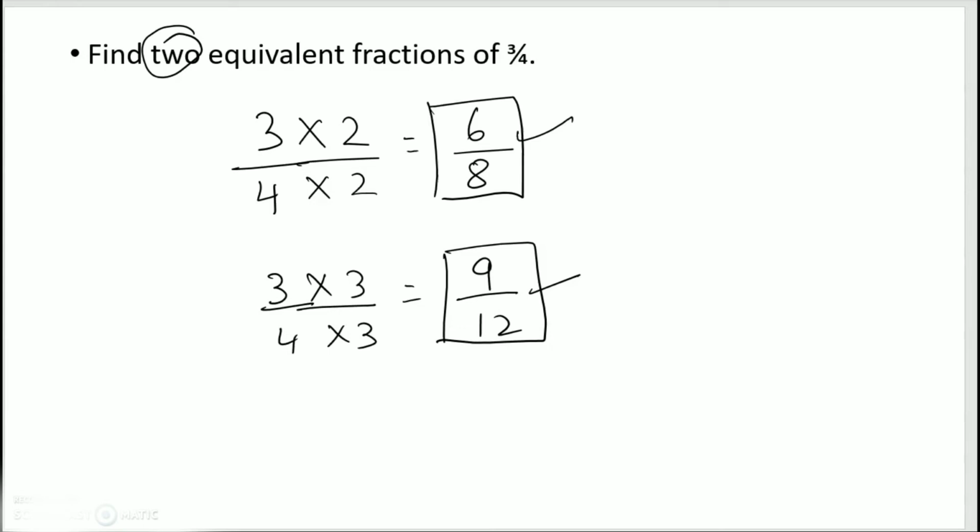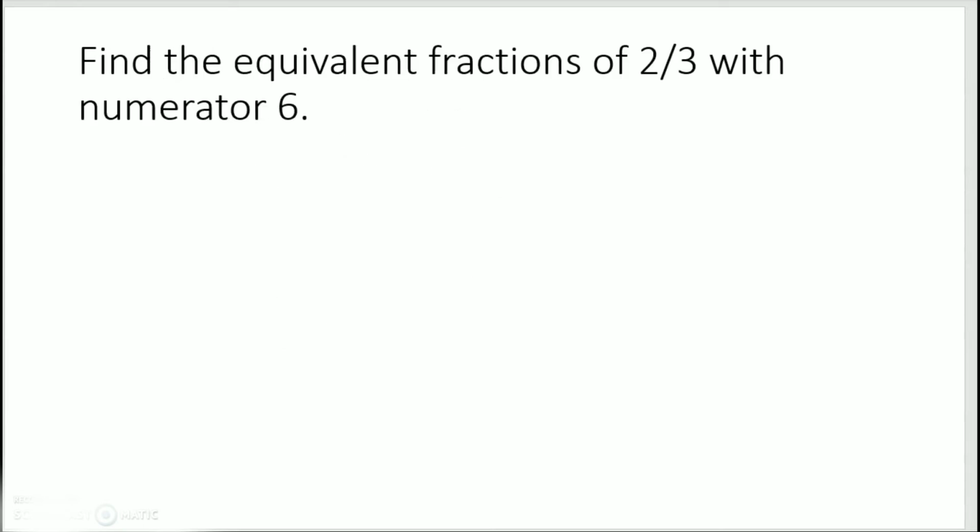Okay, let's see what type of question we can get. Find the equivalent fraction of 2/3 with numerator 6. Now they have given us 2/3 and they want numerator 6. That means the numerator is 6 and they want the denominator. So we do not know the denominator. So how can we get 6?